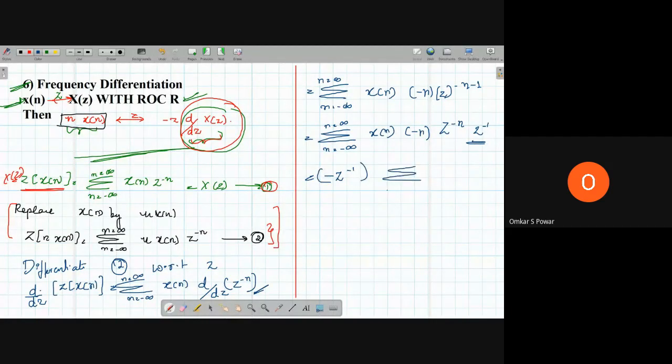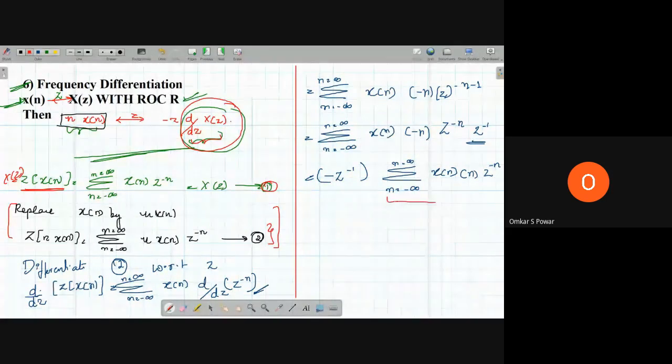So what we will have is summation n varies from minus infinity to infinity x of n into n z to the power of minus n, because the minus has been brought outside. Now if you observe this one, summation n varies from minus infinity to infinity x of n into n z to the power of minus n, this looks similar to your second equation. So what is the answer for that? Z transform of n into x of n.